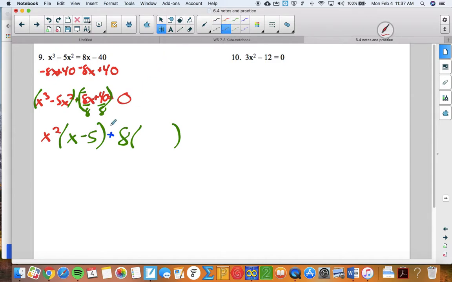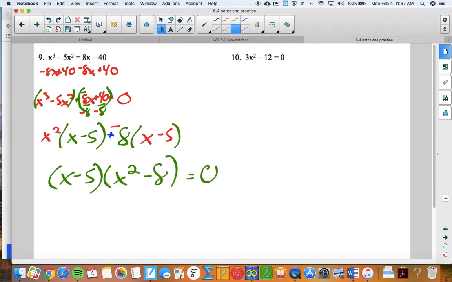So then divide by a negative 8. Then we're left with x minus 5. Which then means since we have the exact same matching binomial as a factor in each of those 2 terms, I can factor out the x minus 5, and then I'm left with x squared minus 8 equals 0. So that means one of my answers is x equals 5 when I set this equal to 0.